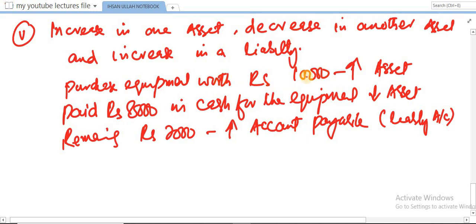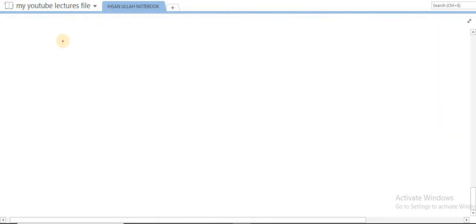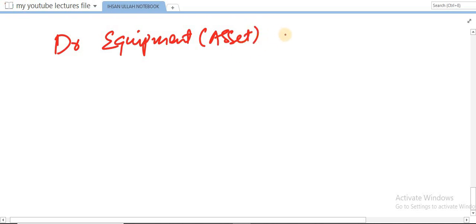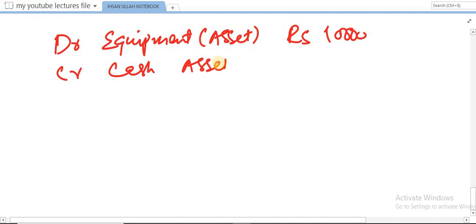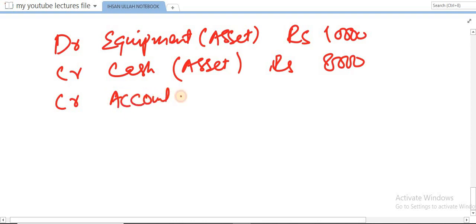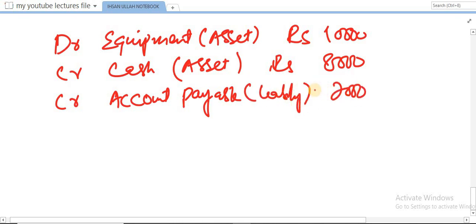So the double entry will be, okay, wait. The double entry will be: debit equipment, meaning your assets, with Rs 10,000, and then the credit will be the cash, meaning your asset, with Rs 8,000 that we have paid, and then again credit will be your account payable, which is your liability, with Rs 2,000.